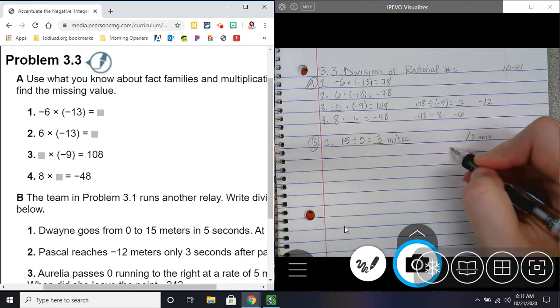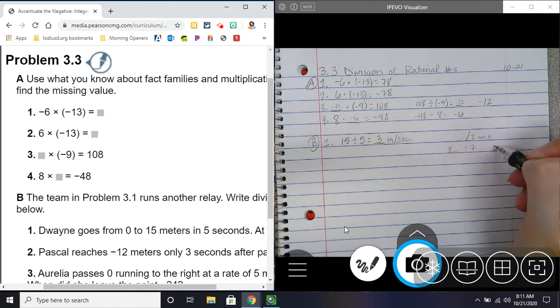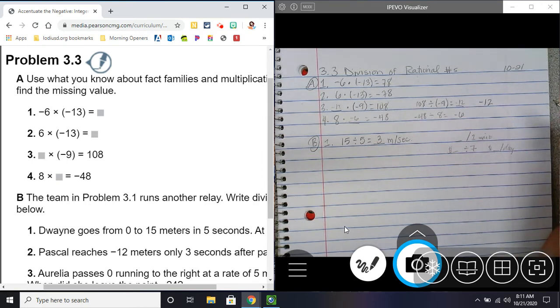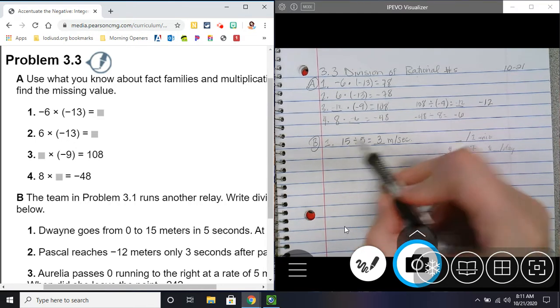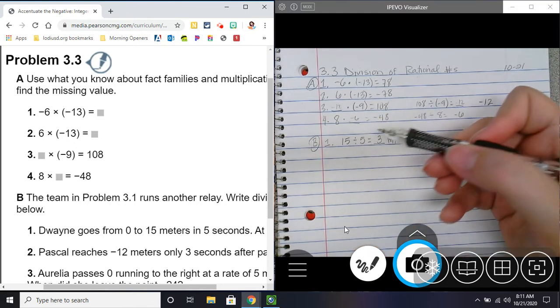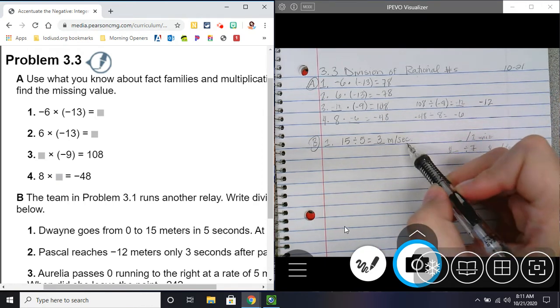So for example, if you have a certain amount of money and you want to know how much you can spend each day, you would divide that by 7 because there are 7 days in a week, and that would give you how much money you can spend per day. So that's why we're doing it that way. So you take the total amount, 15 meters, divide it by your number of seconds, and then you get 3 meters per second.